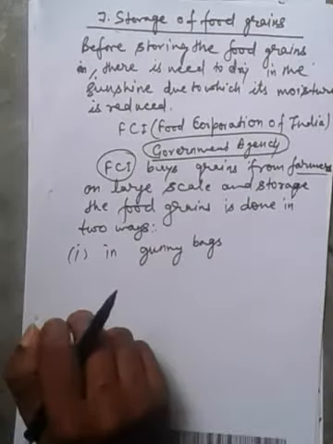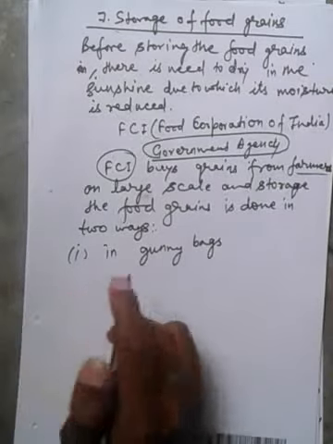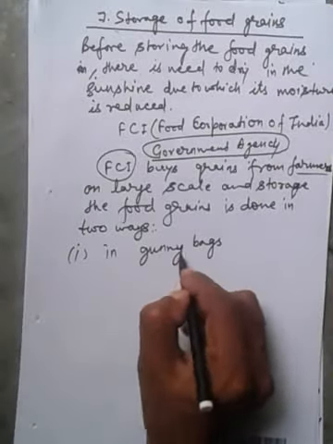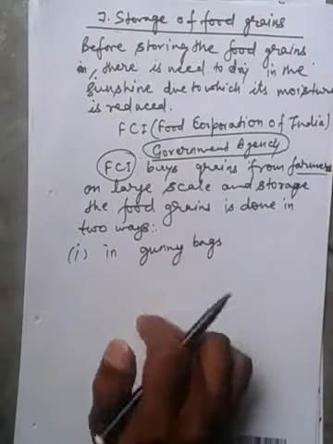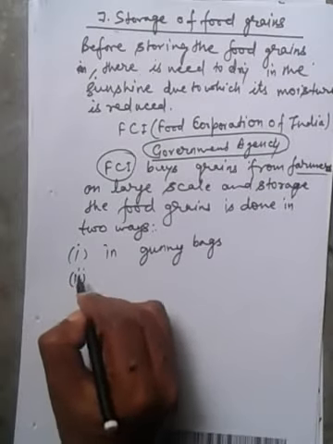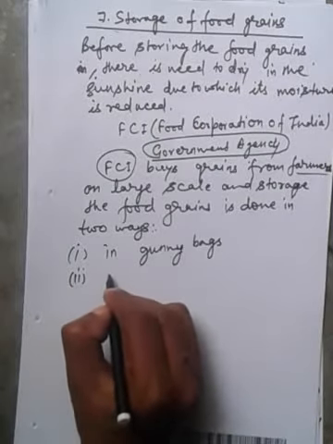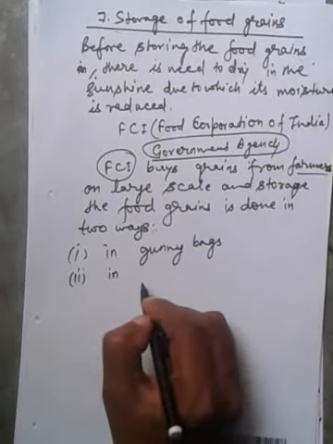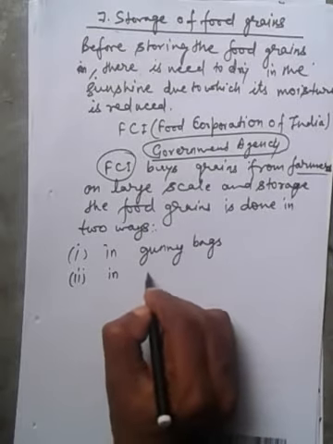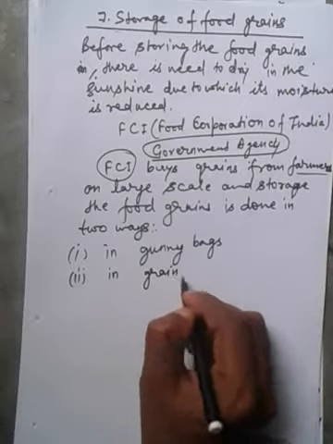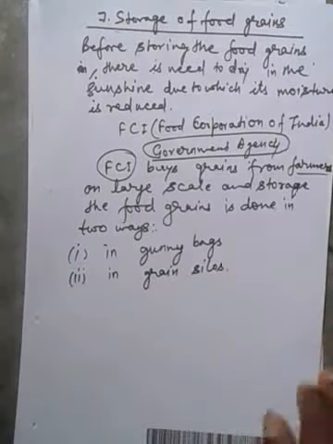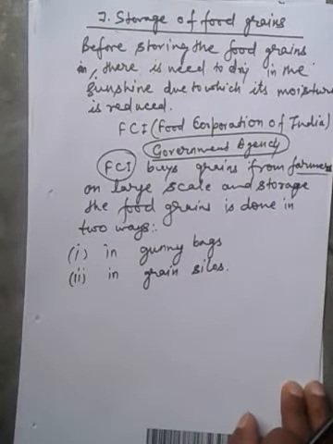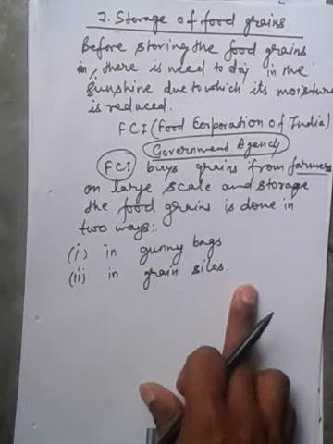Normally farmers also store their food grains in gunny bags, and FCI also collects these food grains in grain silos and stores them for a whole year.